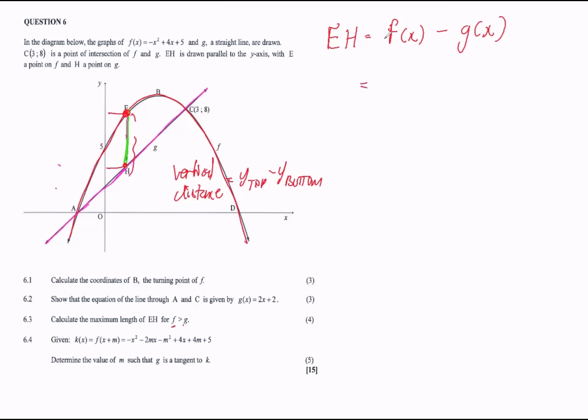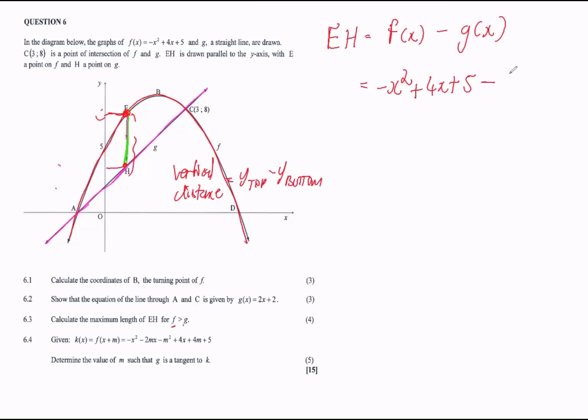So, okay, but now let me write that in terms of the expression. F of x is negative x squared plus 4x plus 5. I'm writing this because I don't actually have the actual values here. If I had actual values, I would just take the value here minus the value here. But since I don't have values, I now need to represent that in terms of x, right?